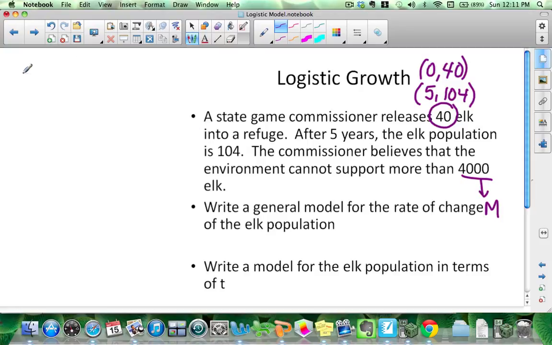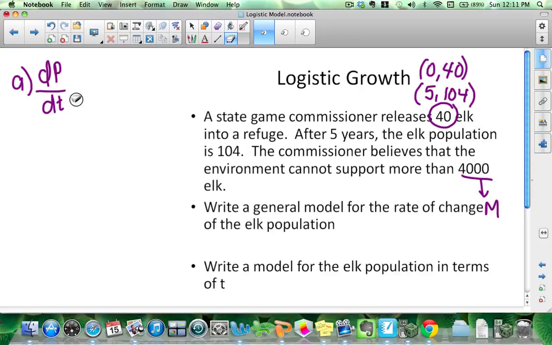So let's start with our differential equation. I've got dP/dt is equal to k times P times (M minus P), but M is 4,000.